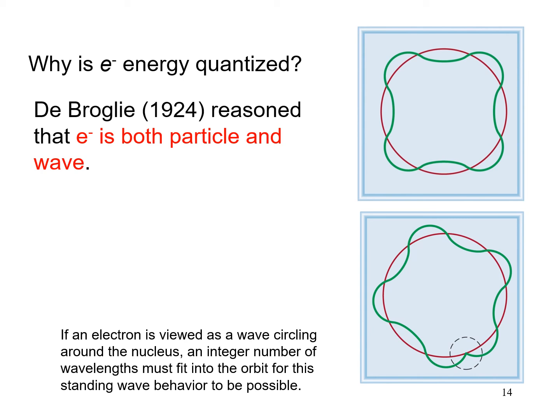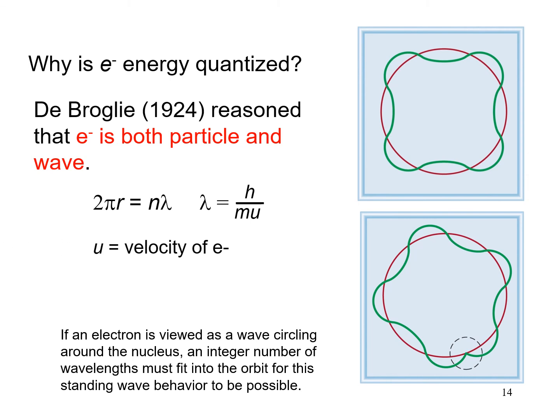So in order to support this wave idea, he came up with a mathematical equation to describe this behavior, which is 2 pi r equals an integer times the wavelength, which he ultimately developed into wavelength equals Planck's constant over mass times velocity.